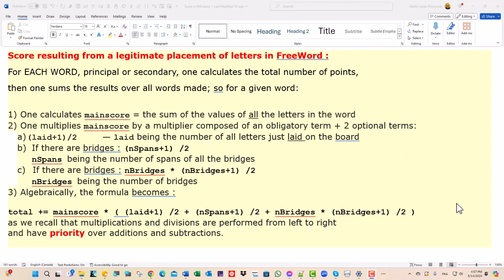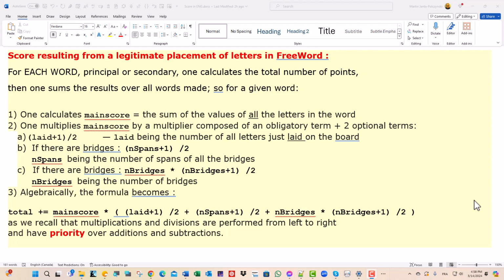So let us look at this more complicated case. Obviously, the scoring in FreeWord favors long words, but it favors also bridges, especially many bridges, and long bridges with long spans. And the formula that is shown here shows this.